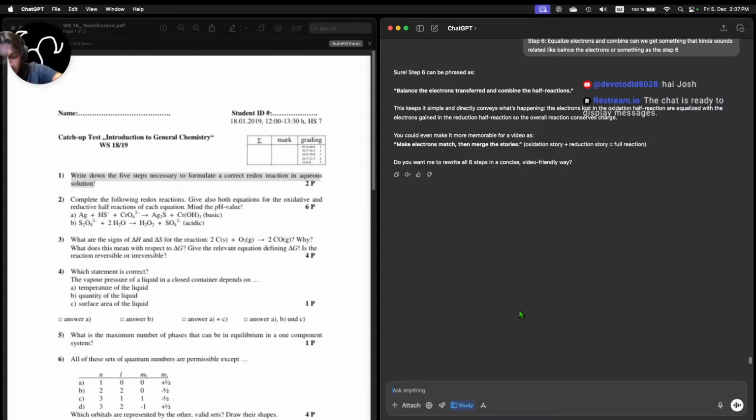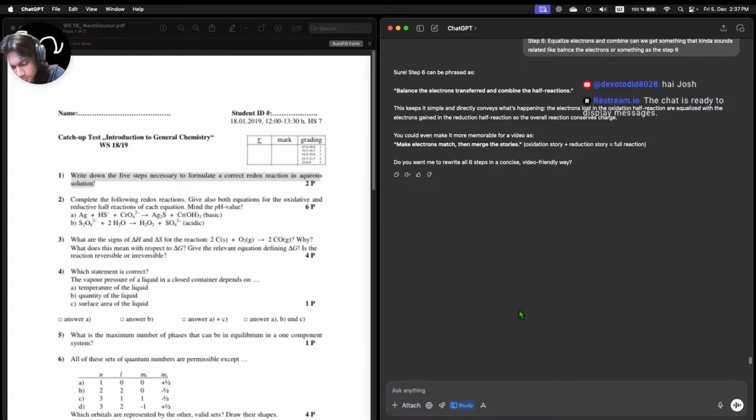Okay, let me write it. Five steps to formulate a correct redox reaction in aqueous solution.